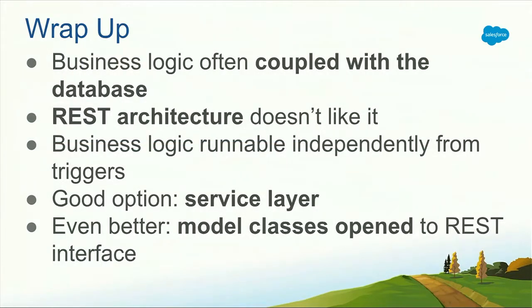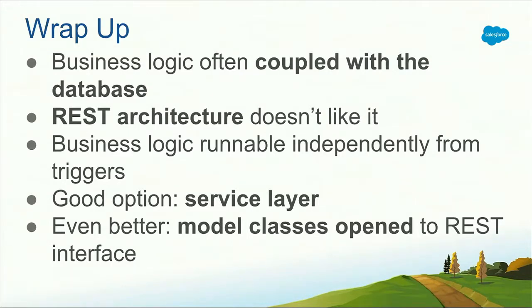So to wrap it up, our problem was that our business logic was very tightly coupled to the triggers. Every business operation was started from a trigger operation, which was triggered by record insert, record update, field update, you name it.